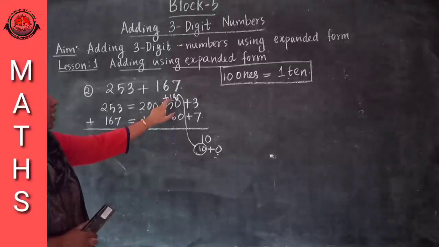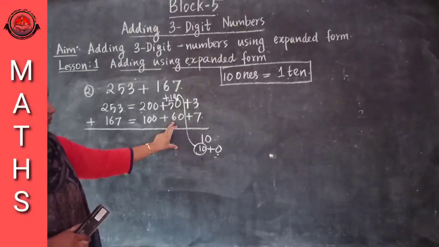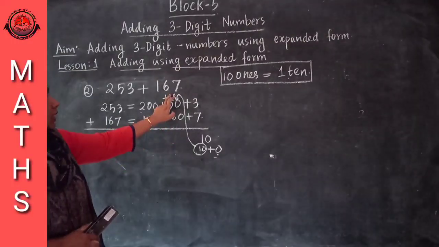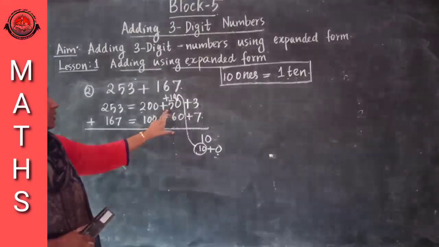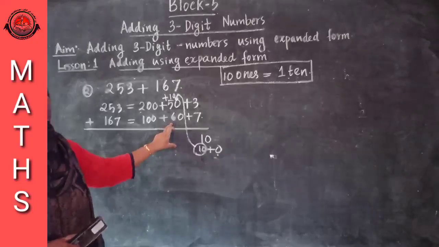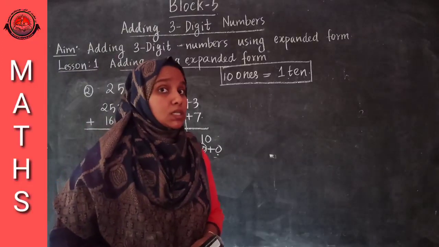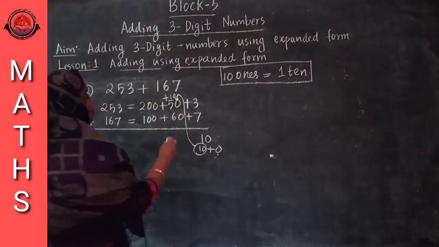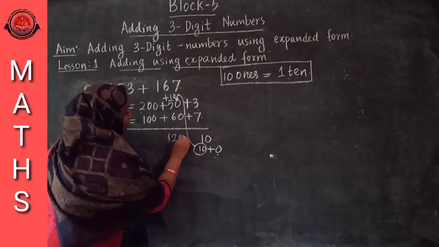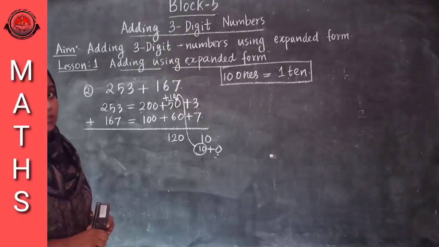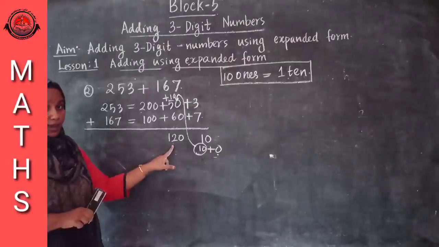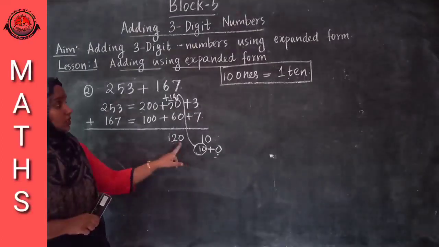Then we can add the tens next. 10 plus 50 is what? 60. Then what is 60 plus 60? What is 6 plus 6? It is 12. So 120 we get. 60 plus 60 is 120. Check here, children, check the answer. It's a 3-digit number.